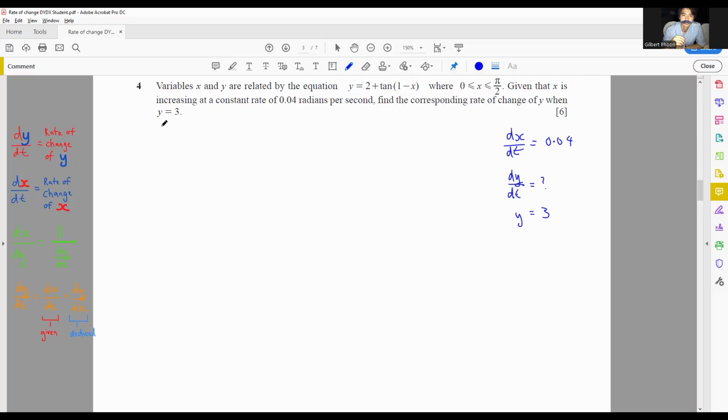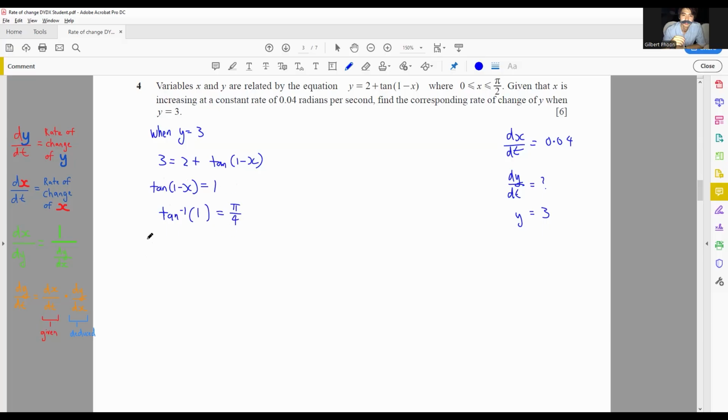So, to start with the working, when y is equal to 3, 3 equals 2 plus the tangent of 1 minus x. Then bring the 2 over, tangent of (1 minus x) equals 1. Inverse tangent of 1, you would have gotten pi over 4.